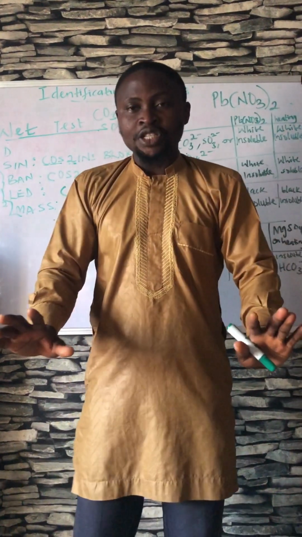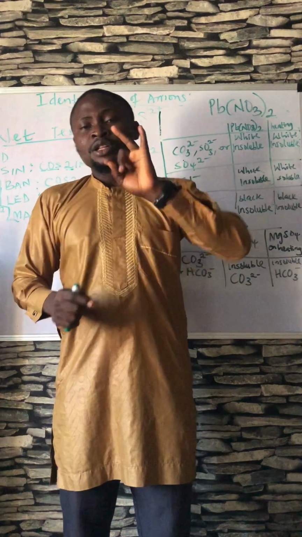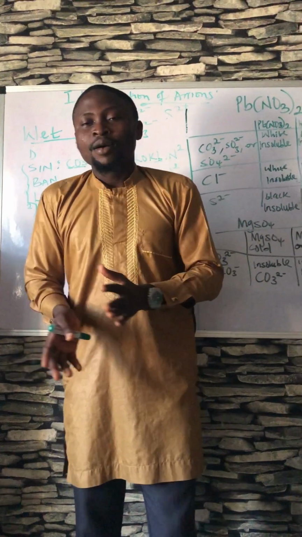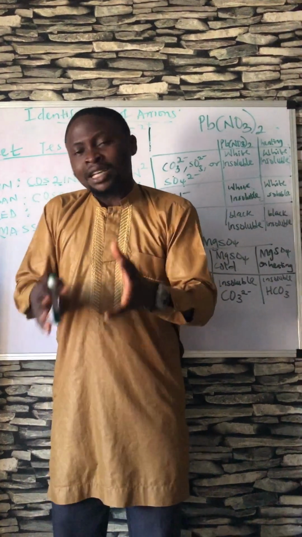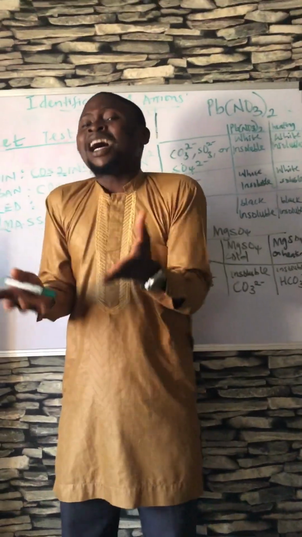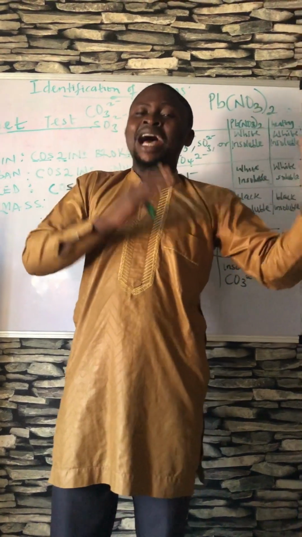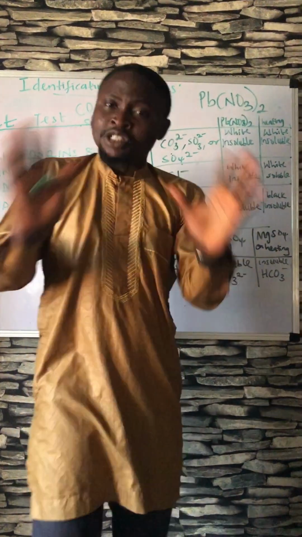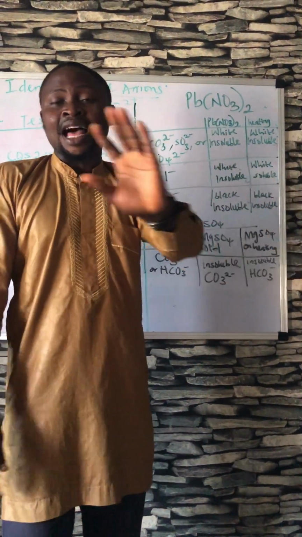Magnesium sulfate. I told you that silver nitrate and barium nitrate, we are going to be considering them when they are acidified. But for the rest two, we are going to be using them as a precipitating agent, looking at their reaction with the anions when they are cold, and when you heat the solutions.